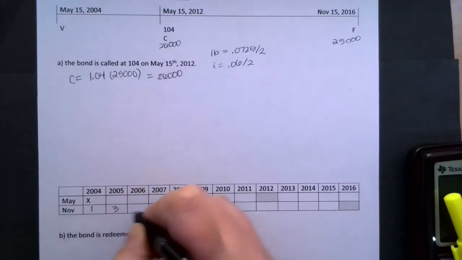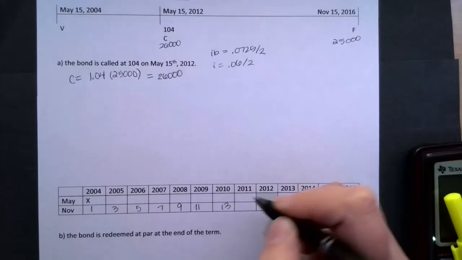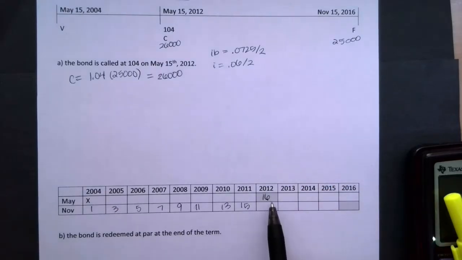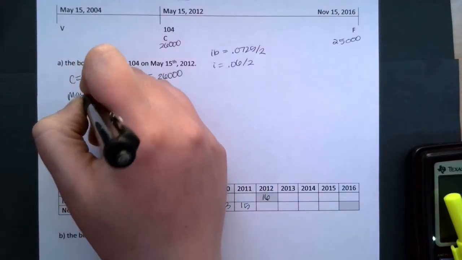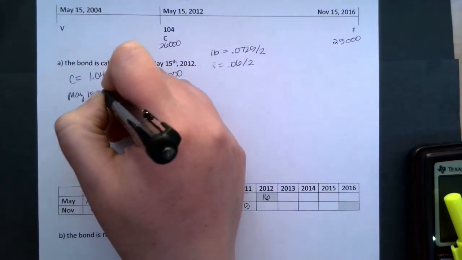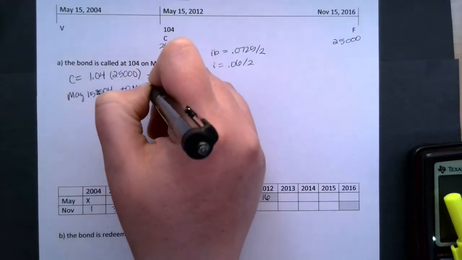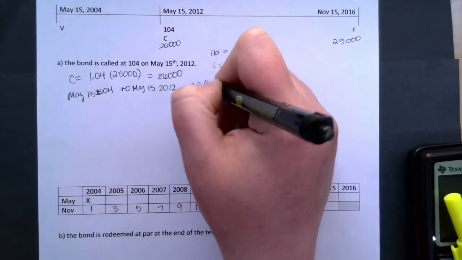So we do 3, 5, 7, 9, 11, 13, 15, and then one more, so that in May 2012 we'll be at the 16th payment. So from May 15th, 2004 to May 15th, 2012, N would be 16.